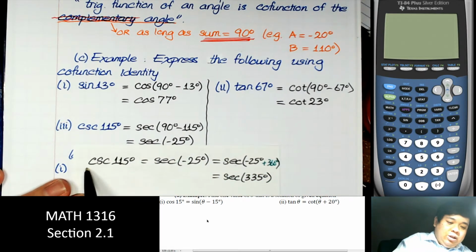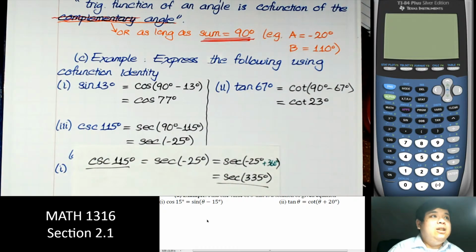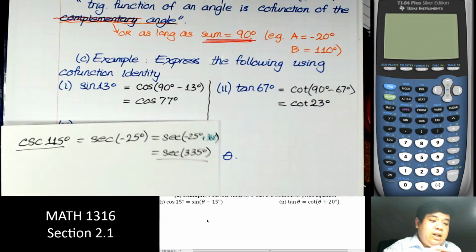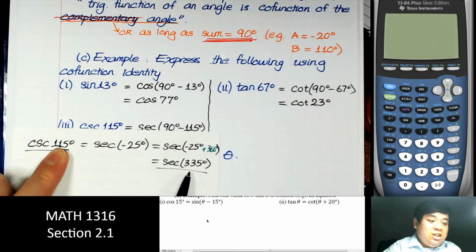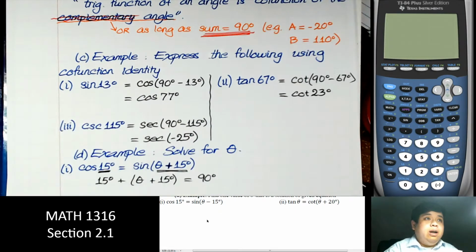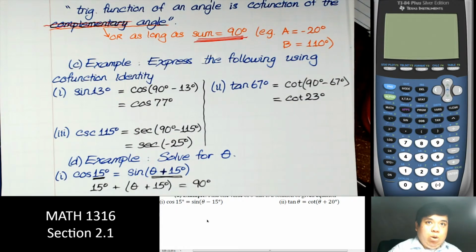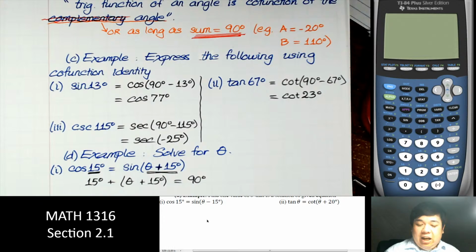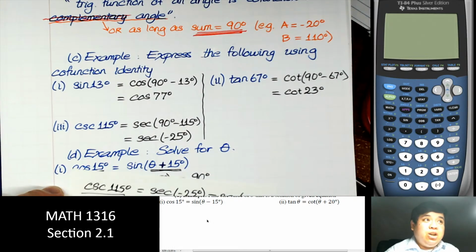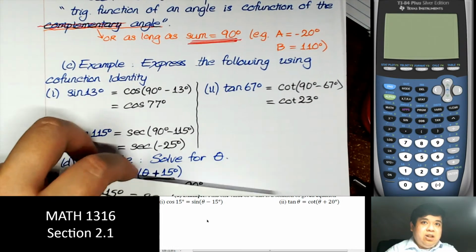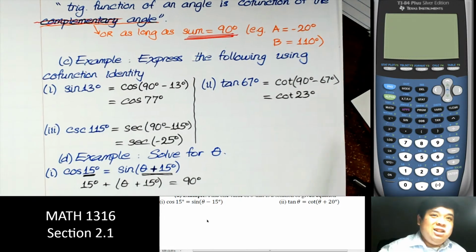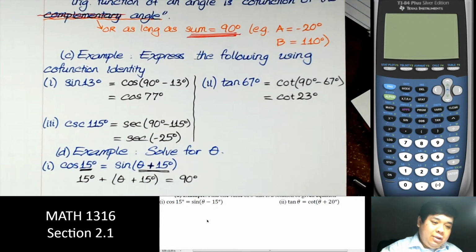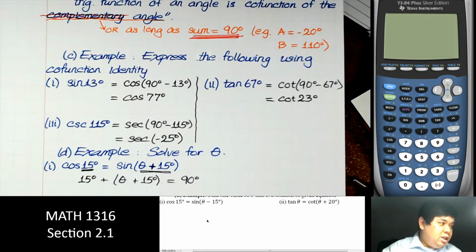So cosecant here also equals secant here. They don't have to add up to 90 degrees for it to work. But if they add up to 90 degrees, it's guaranteed to work. One implies the other, but the other does not imply it back.